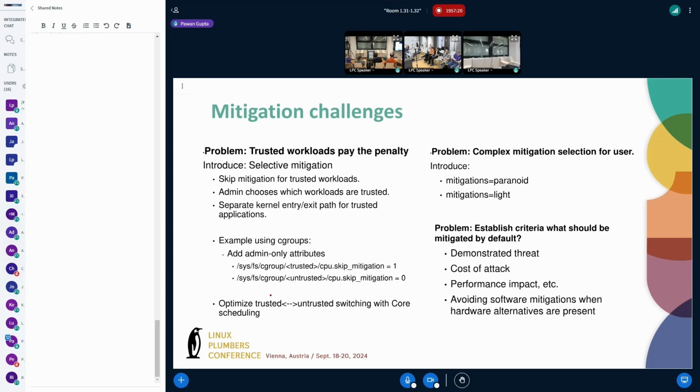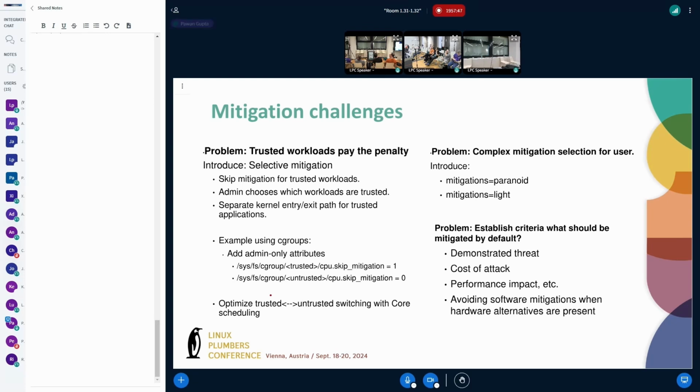That has to be done by an admin user who knows about their system and whether the workload is trusted or not. For example, if I've written an application myself, I know I am not trying to attack the kernel, and I would not want that application to have performance loss, because it's not untrusted.